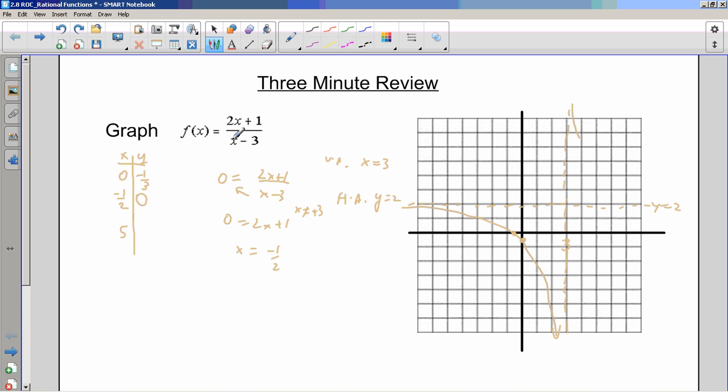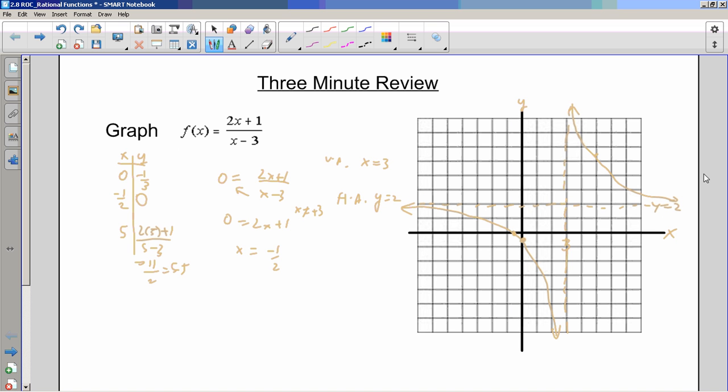Trying 5. So I get 2 times 5 plus 1 over 5 minus 3, which is 11 over 2, 5.5. 5.5 right there. I would have gone pretty close to that anyway. It kind of looks goofy, but that's all right. Good. And that would give you full marks there, folks.